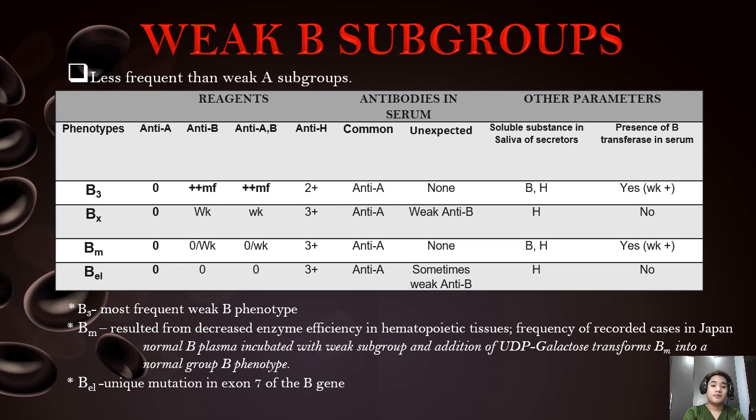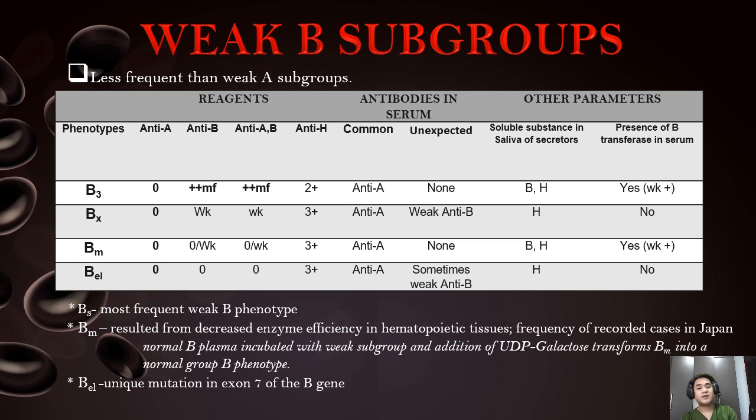While your BX exhibits only a very weak agglutination reaction on both of your anti-B and anti-AB in the forward grouping. Take note that, as you can see in this table, it may produce a weak concentration of anti-B. So recalling our Landsteiner rule, it clearly is an exemption, and why exactly?